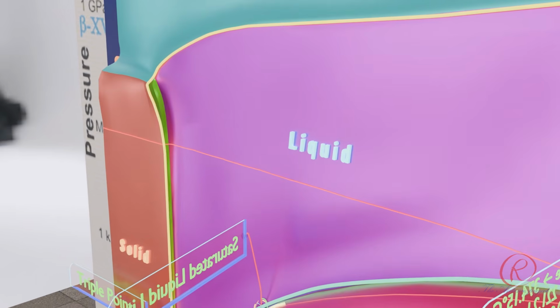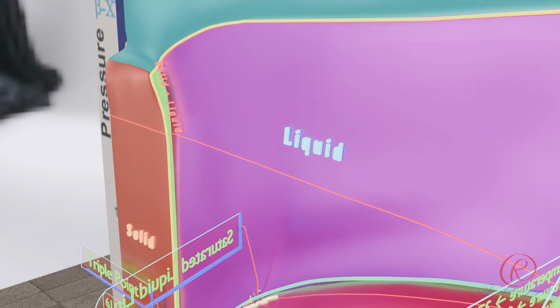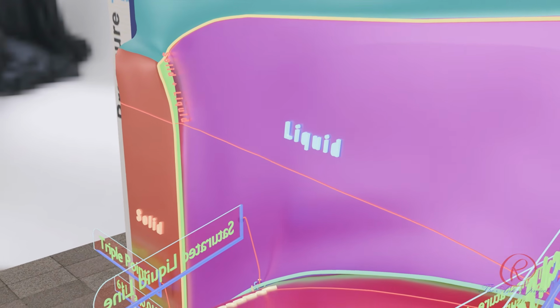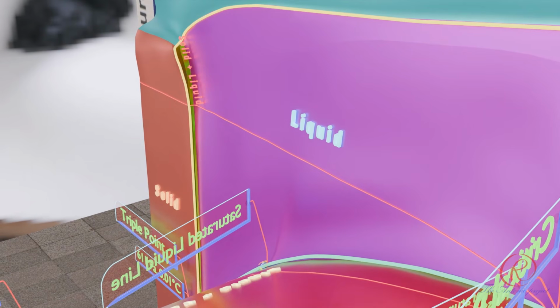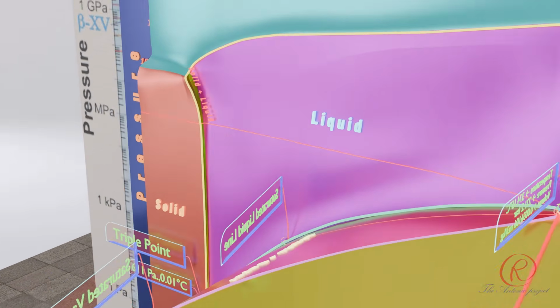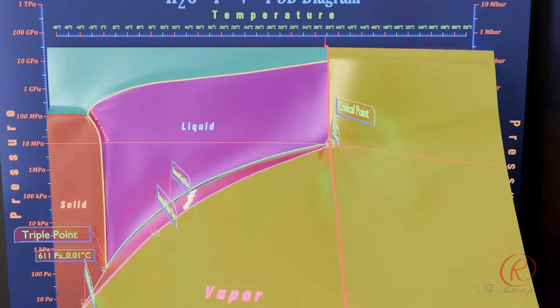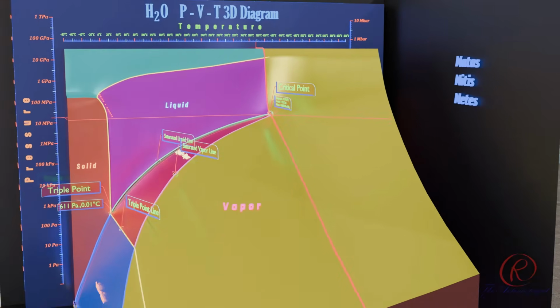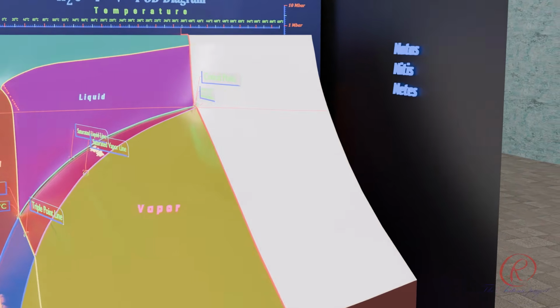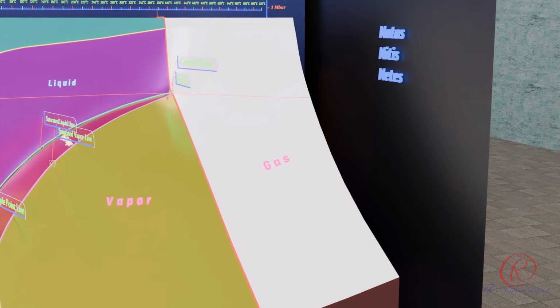Solid-liquid region represents the areas where solid and liquid distinct phases coexist at equilibrium. Gas region exists at temperatures above the critical temperature. No distinct liquid-vapor boundary exists in this region.